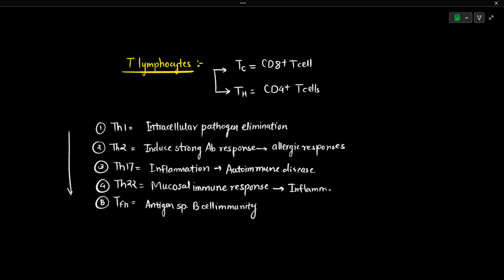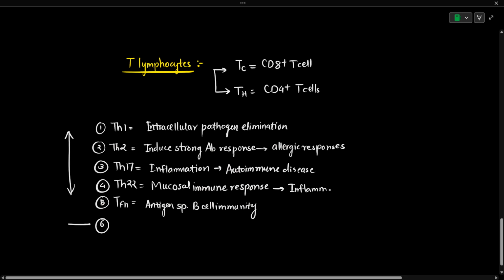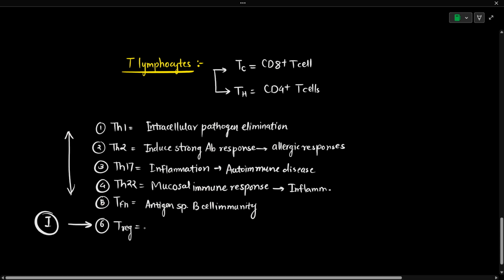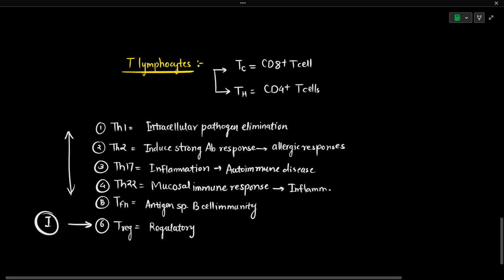But as we need an accelerator, we also have a need of a brake. So there is an inhibitory type of T cell, which is going to regulate the whole T cell response, which is known as Treg. So these are the regulatory T cells, which basically dampen the immune response.